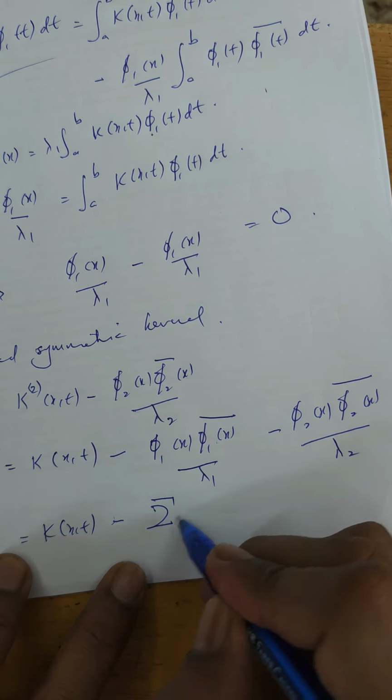So this gives the third eigenvalue corresponding to normalized eigenfunction phi 3.